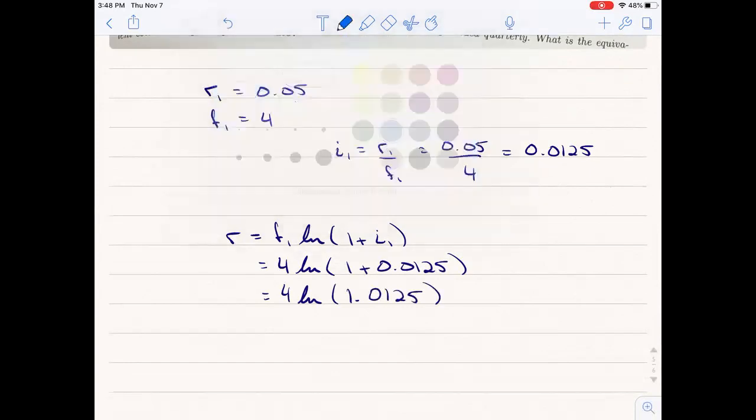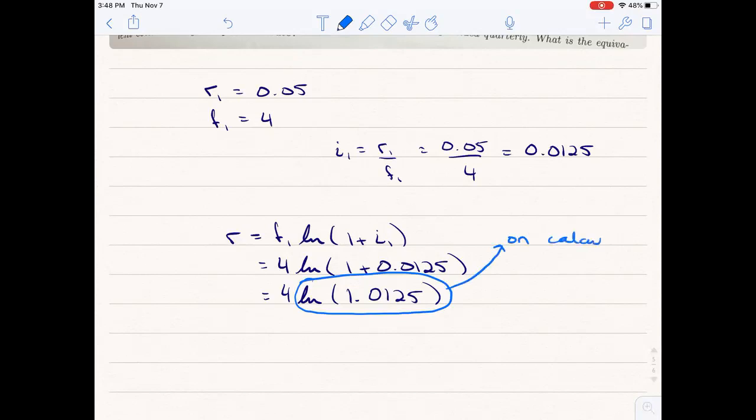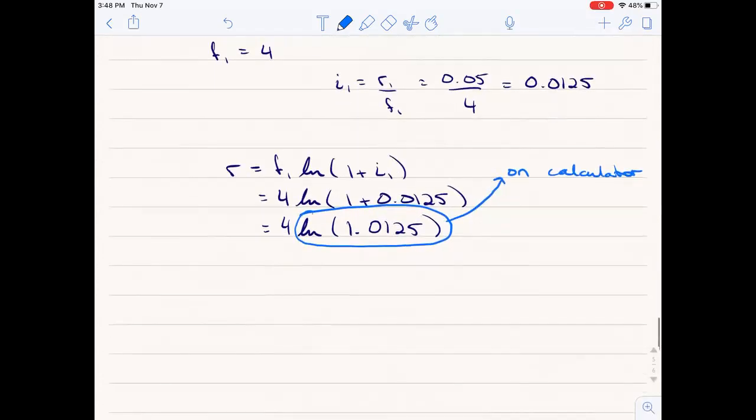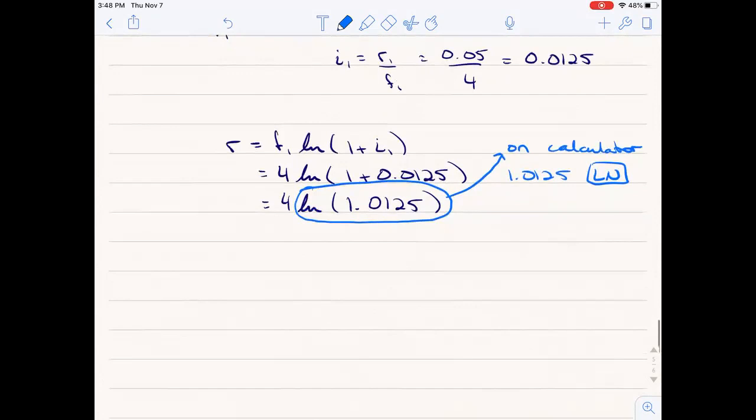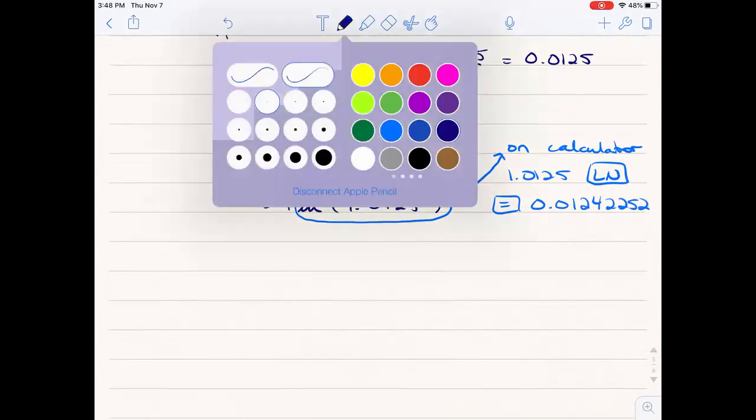And again, just as a reminder, to do the log of 1.0125 on your calculator, you have to have 1.0125 on the screen and then hit the LN button, and then hit equals, just in case. You get 0.01242252. So just double check that that's what you're getting.